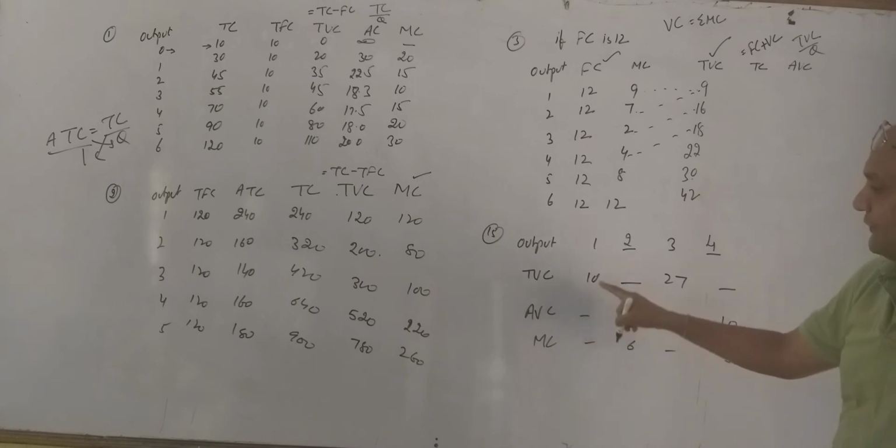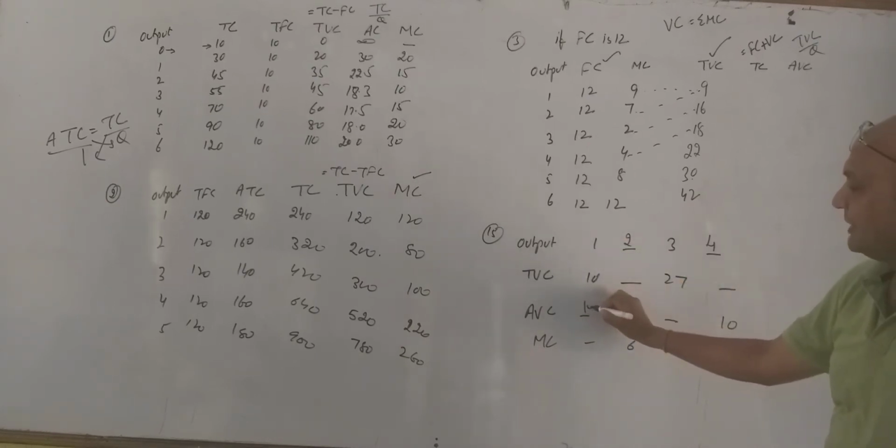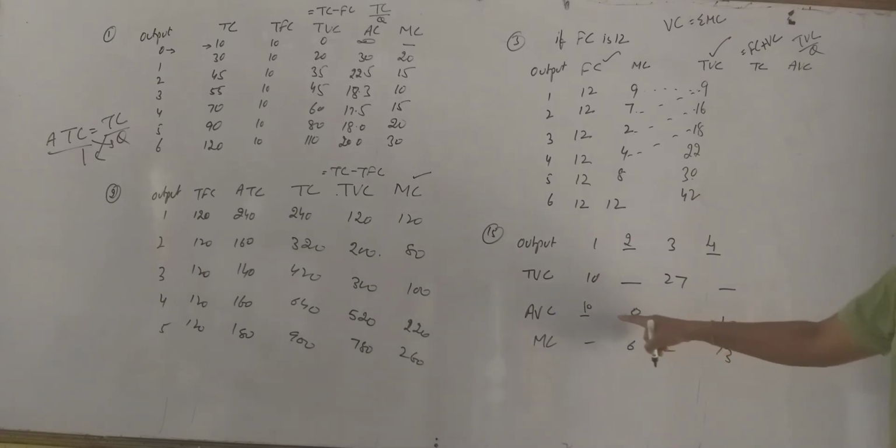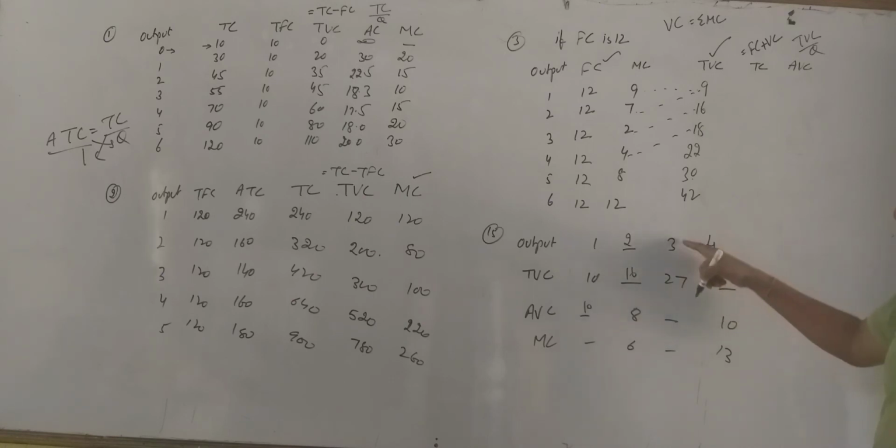Now total variable cost TVC, for 1 it is given 10 and here AVC. Let us calculate AVC first. TVC upon output, TVC upon quantity, so it will be 10, right? Now for the second unit AVC is given 8. So if I multiply 8 into 2, what will be my TVC? 16. Here if I divide 27 by 3, it will be my AVC, 9.